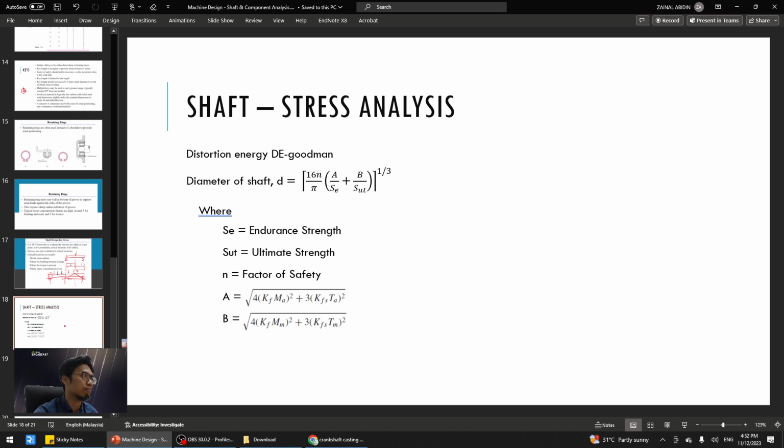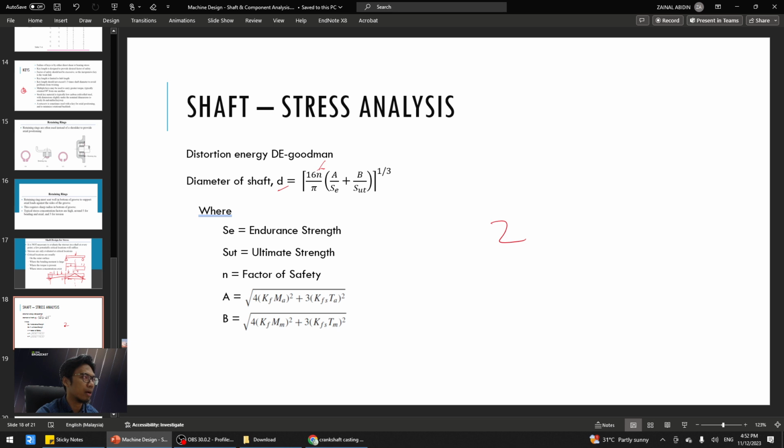Dia akan menggunakan formula seperti berikut: diameter of shaft D, kemudian dalam kurungan 16 N. N ni apa? Ialah safety factor. Kalau you letakkan safety factor untuk shaft awak ialah 2, so you put 2 lah kat sini.